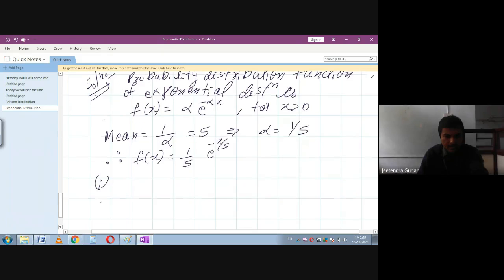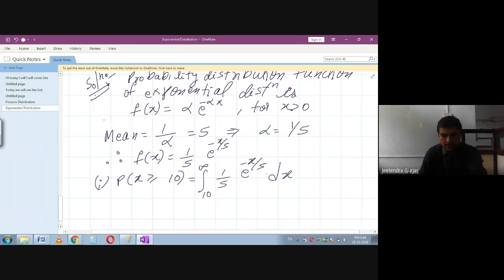So we'll continue this. What will be the probability? The first one, probability of x greater than or equal to 10, is equal to integration from 10. What is the upper limit? They have not given, so we consider infinity. Then substitute our f of x, that is 1 upon 5 e raised to minus x divided by 5 dx, students. How will you simplify this?